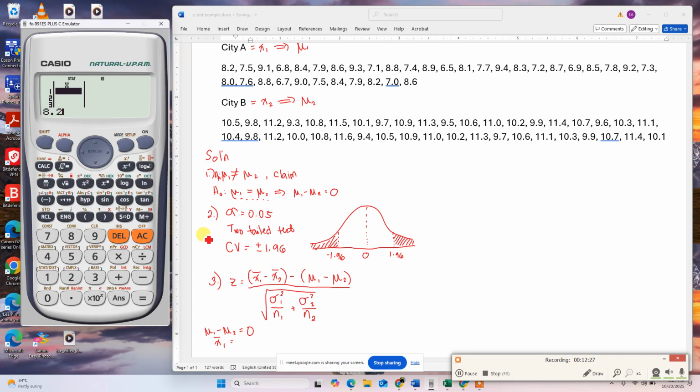So you have 8.2 then equal sign. Next 7.5 equal sign.